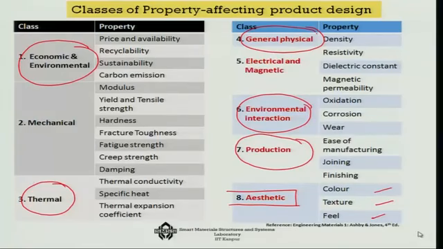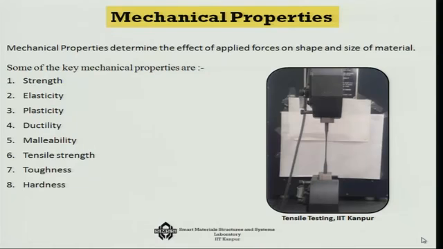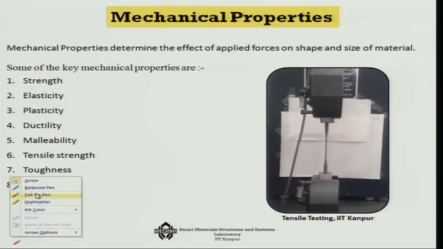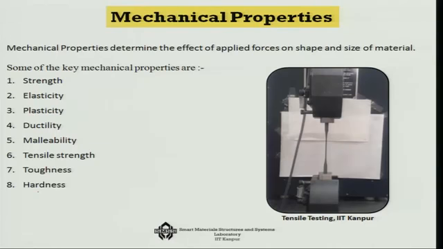Now, let us look specifically into the mechanical properties of the material. There is actually a very large list of mechanical properties, but I have chosen a few of the very important ones which you will need for the day to day mechanical design: the strength of the material, the stiffness which is actually governed by the modulus of elasticity, then the plasticity from the forming point of view, ductility and malleability.